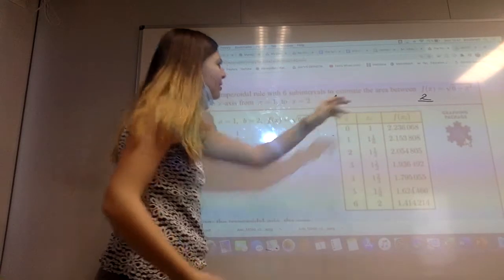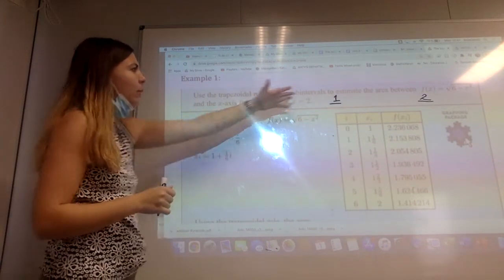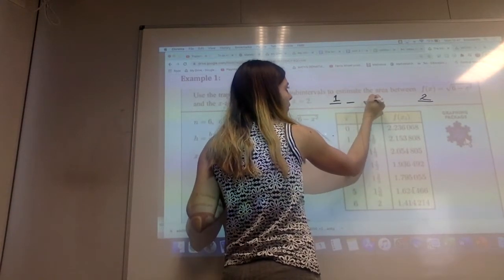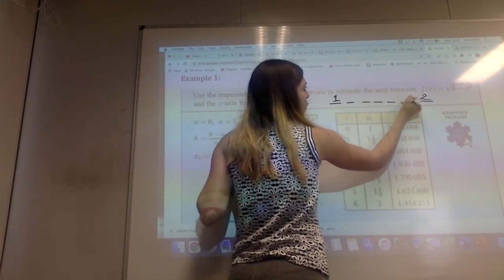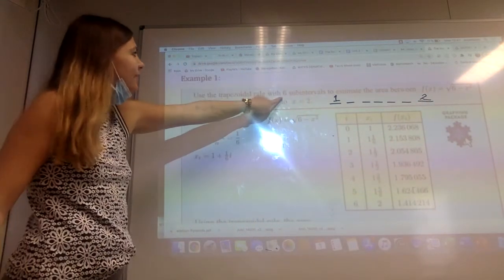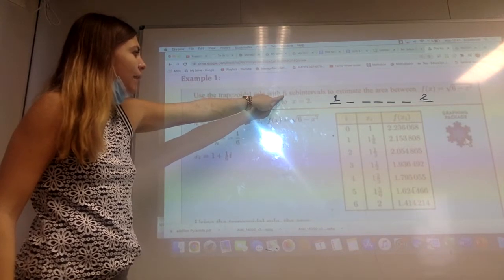Now, like in the sequence topic, we can manually work this out through guesswork. We could say this is 1 jump, 2, 3, 4, 5, 6. And the reason why we're jumping 6 times is because it says there are 6 sub-intervals.